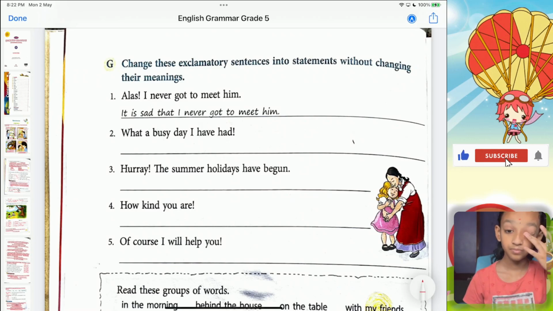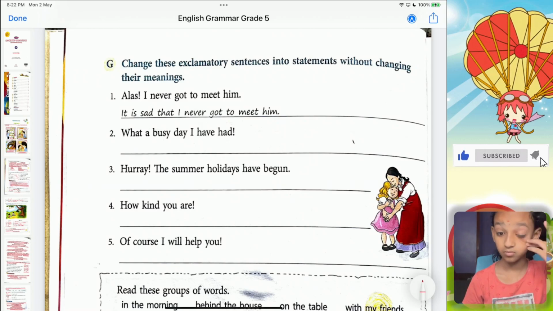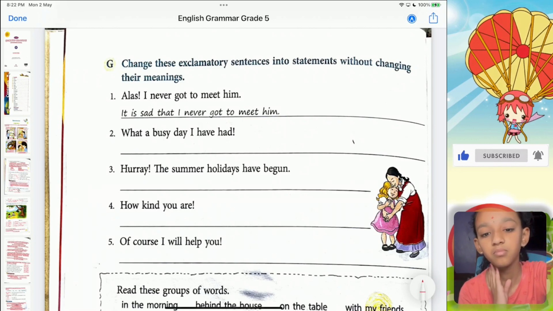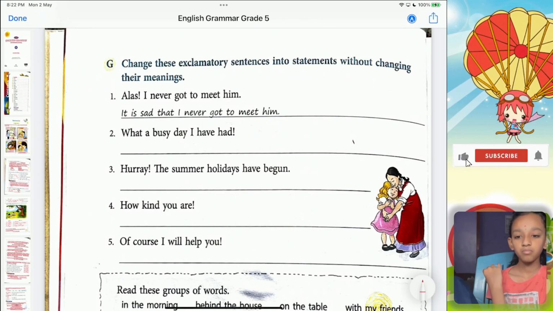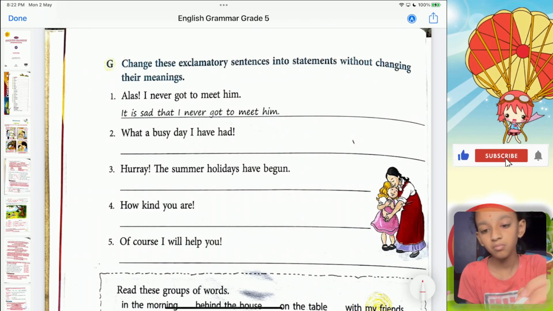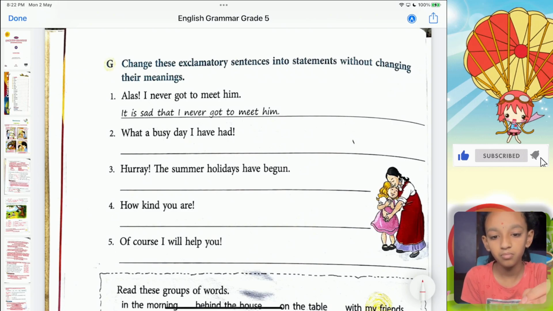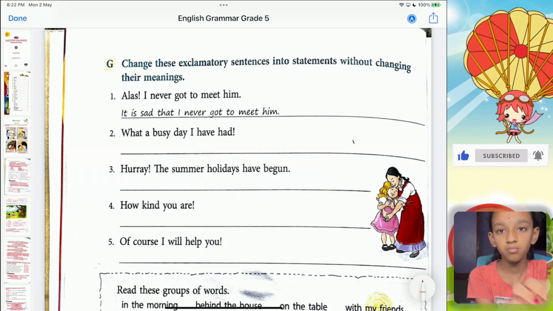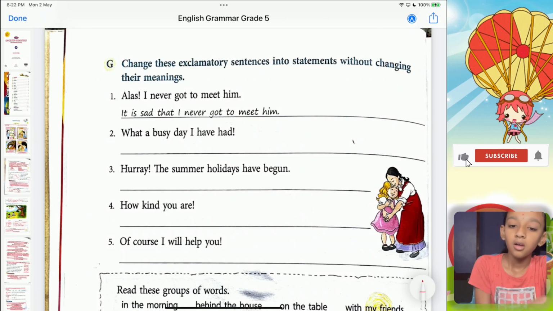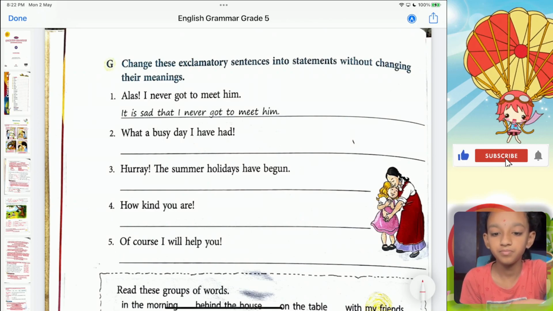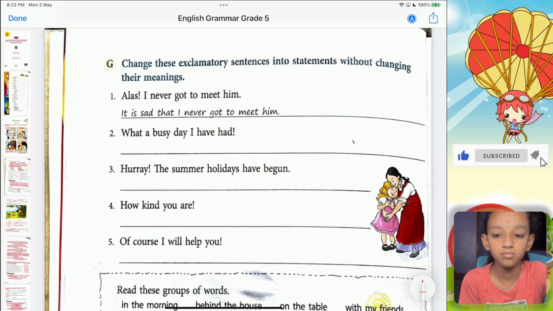Okay. Now another exercise. So you have to change these exclamatory sentences into statements without changing their meanings. Okay, so you have some exclamatory sentences. You have to make them as statements. You have one example. Alas, I never got to meet him.